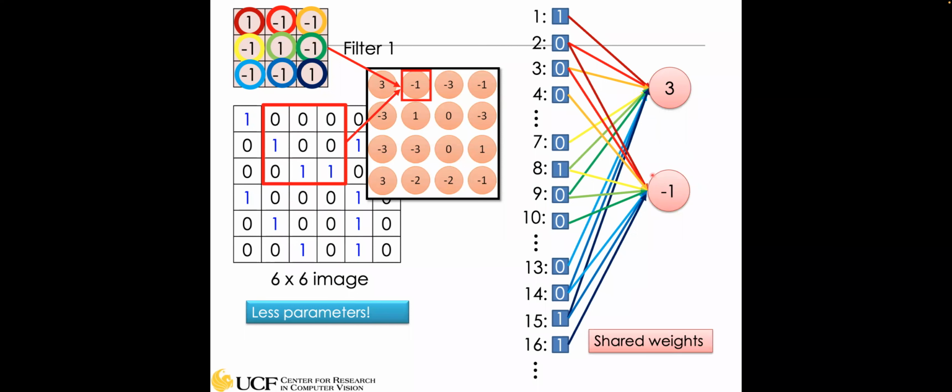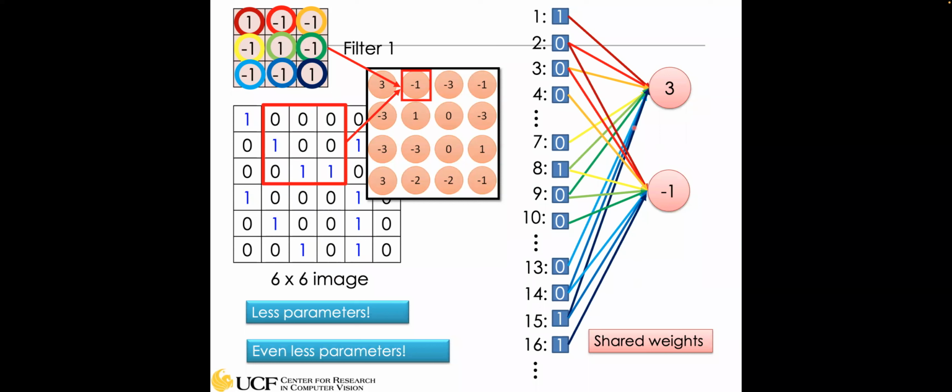And because they share the weights, I didn't change the weights, that means we have fewer parameters. Compared to fully connected, if I have another neuron, I'm going to connect it with all these inputs, but the weights also change. The colors will be changed, not these 9 different colors but maybe another set of 9 different colors.